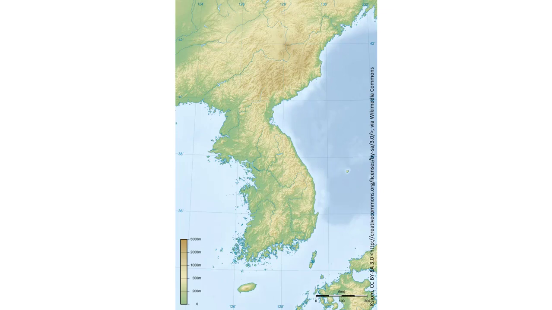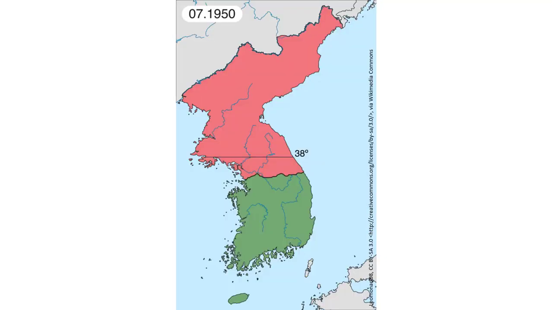After World War II, Korea, which had been conquered by the Japanese in the 19th century, was split between a communist regime in the north and a non-communist regime in the south. In 1950, communist forces from the north attacked and nearly pushed the U.S.-backed government off the peninsula.